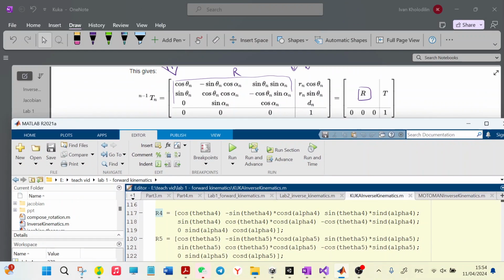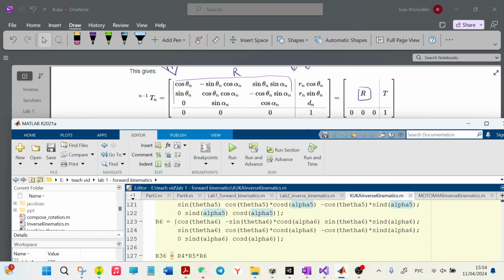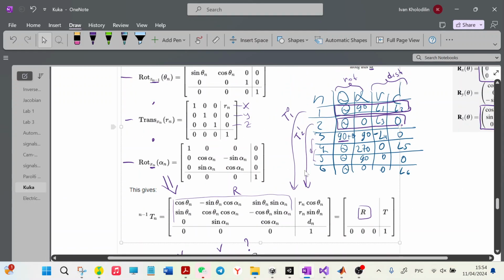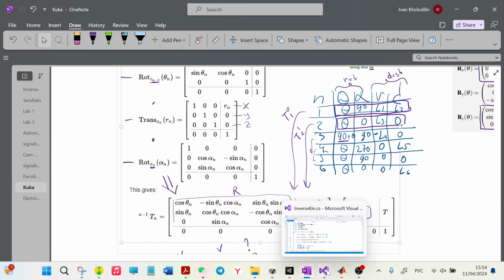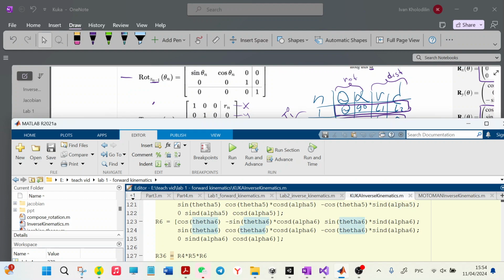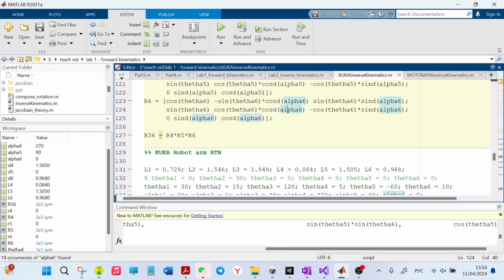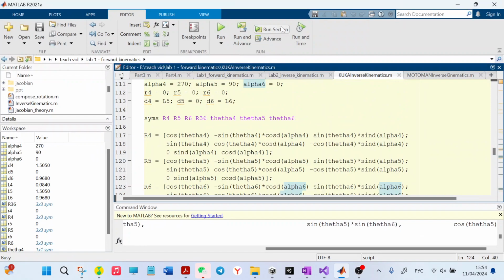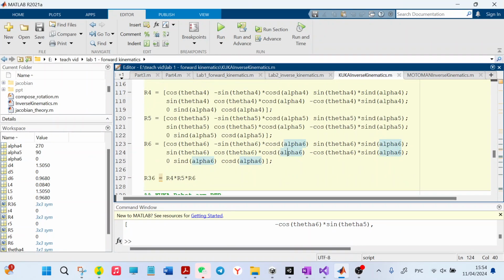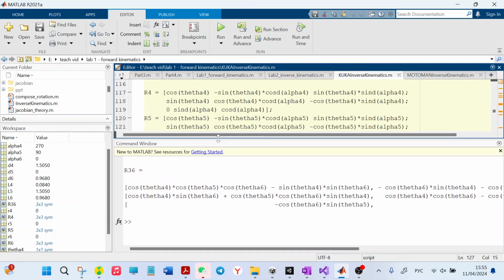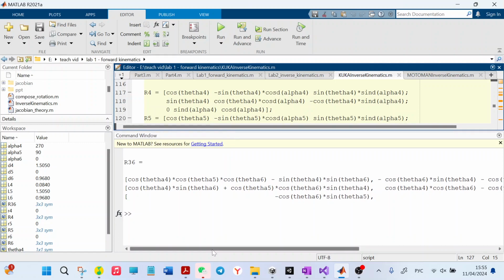So for R4, I just put here theta 4 and alpha 4. For R5, theta 5, alpha 5. Again, as I mentioned, to find every one we need to look at specific values. And the last one is theta 6, alpha 6. If I run this section, I will see what happens if I multiply these matrices with each other in symbolic form. So we will get this matrix.